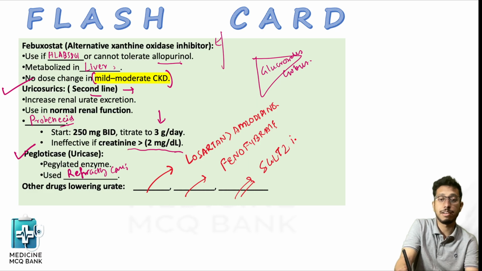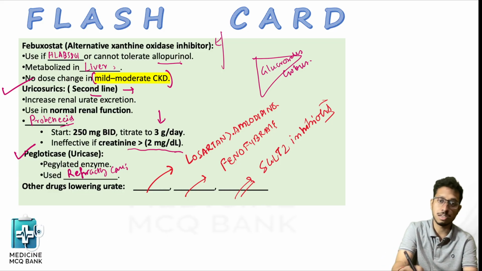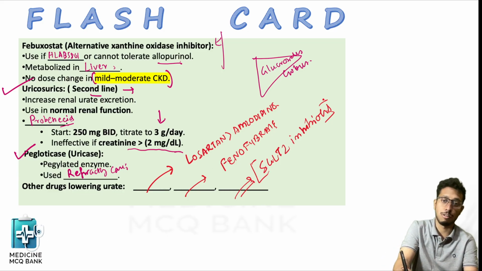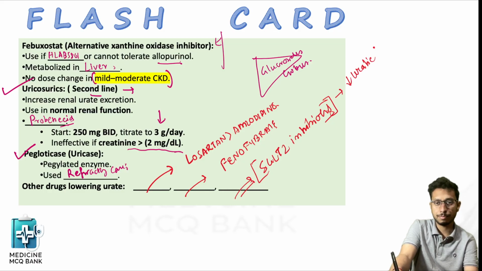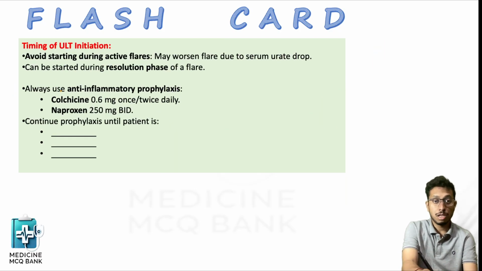SGLT2 inhibitor is in research currently for multiple factors. It has shown proven benefit in CKD patients as well as heart failure patients. So this SGLT2 inhibitor has also shown benefit in lowering the urate level. Most of the time questions are asked: the antihypertensive of choice in a patient with hyperuricemia is nothing but losartan. Okay, all right. So moving to the next flashcard.